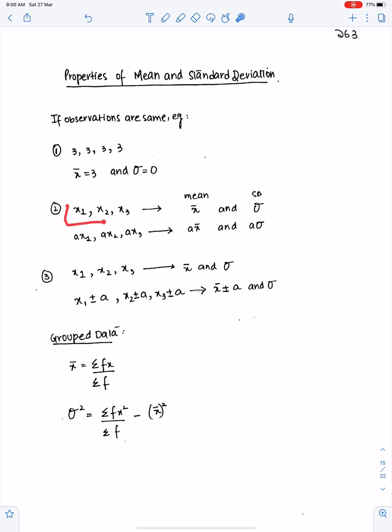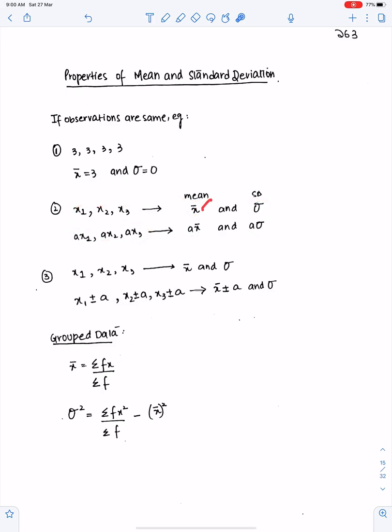So if this is the original data, x1, x2, and x3, and their mean is x bar and their standard deviation is sigma, then if you multiply each and every observation by a non-zero constant like a, you should multiply the mean of this data by a to get the mean of this data, and the standard deviation by a as well.